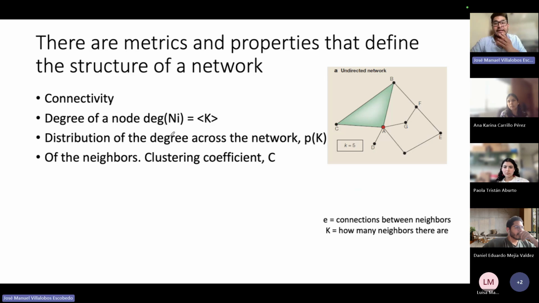Another metric that we can define here is the clustering coefficient. That means that not just is a connection forming between one node, but maybe many nodes are close together, close between them, and this is forming a cluster. This clustering coefficient is very important to describe, for example, when some nodes are super close, maybe they are working in something similar.